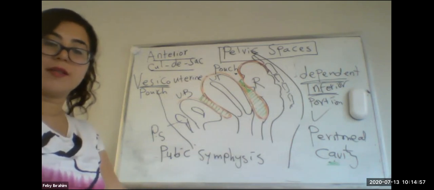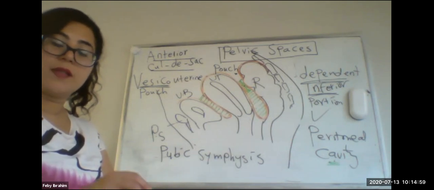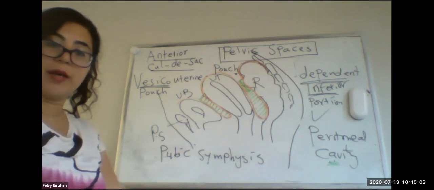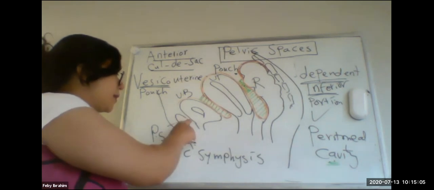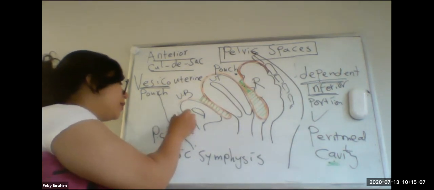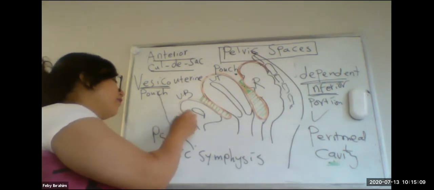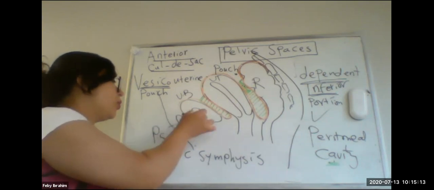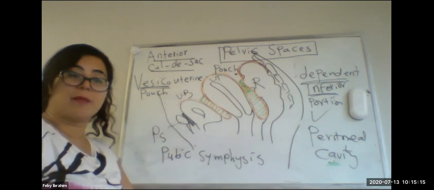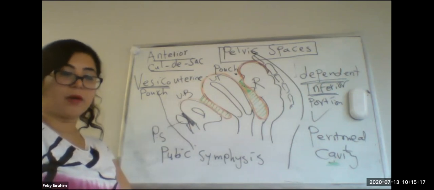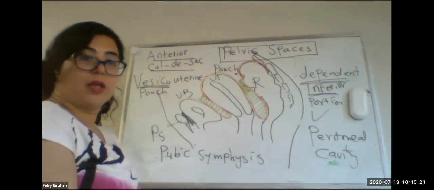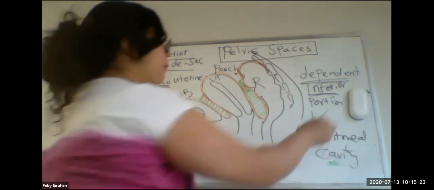We have another space. It's not formed by folds of peritoneum. It's between the urinary bladder and the pubic symphysis, this area here. Let me write down for you the name and the information that you need to know about this space.